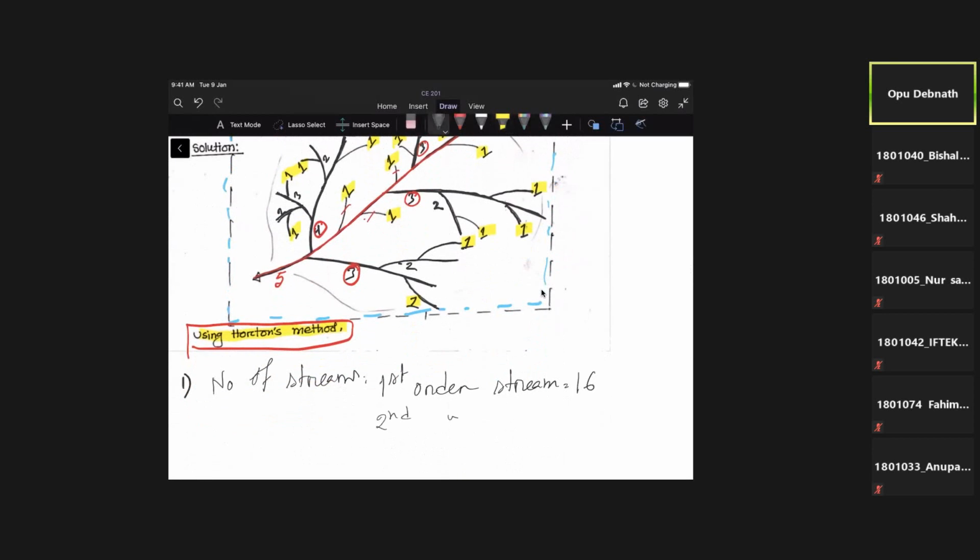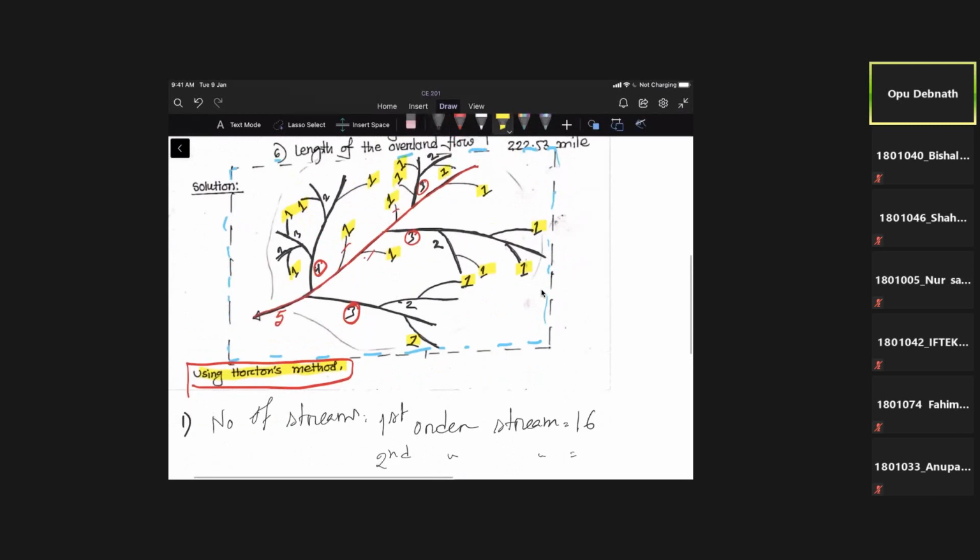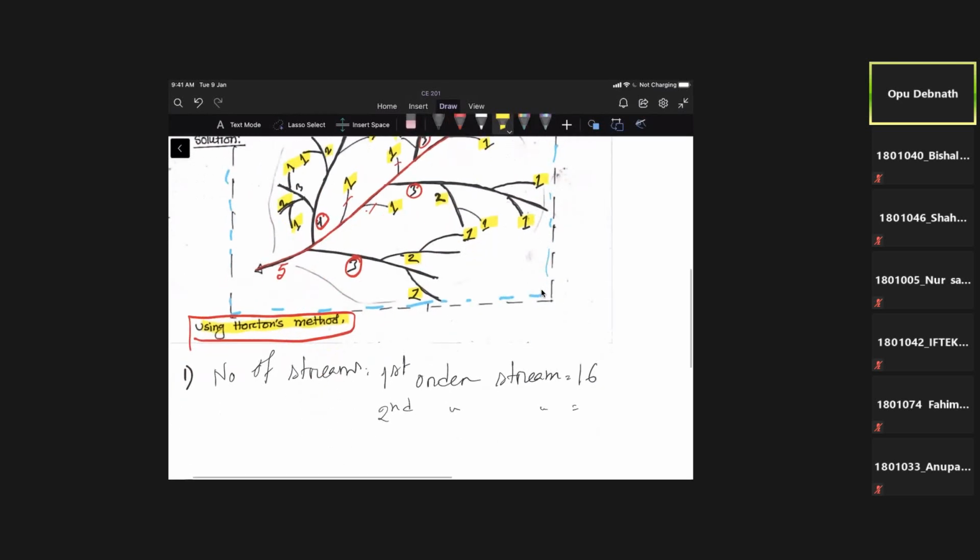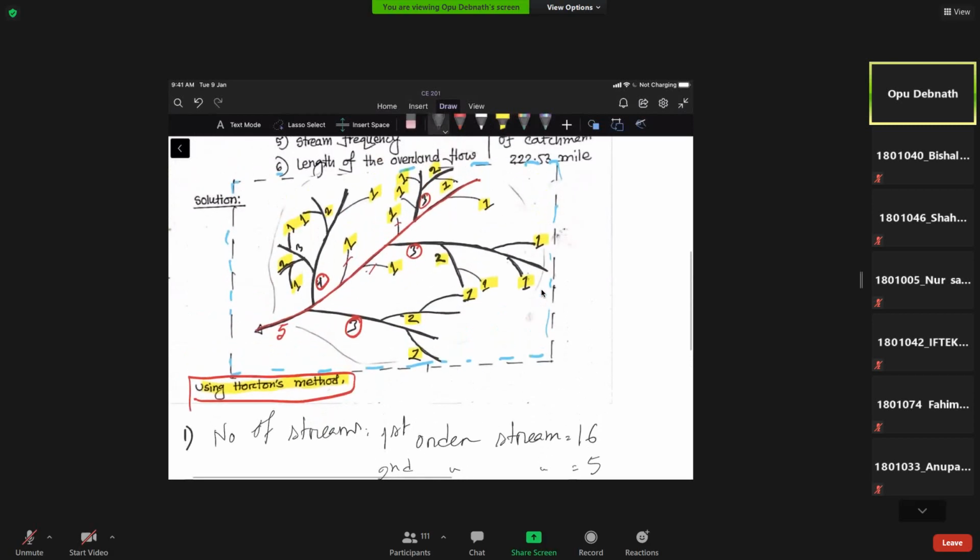Similarly, second order streams, let's count down. 1, 2, 3, 4, 5. So we write here 5. Third order has only 1, 2, 3. Another one 4.